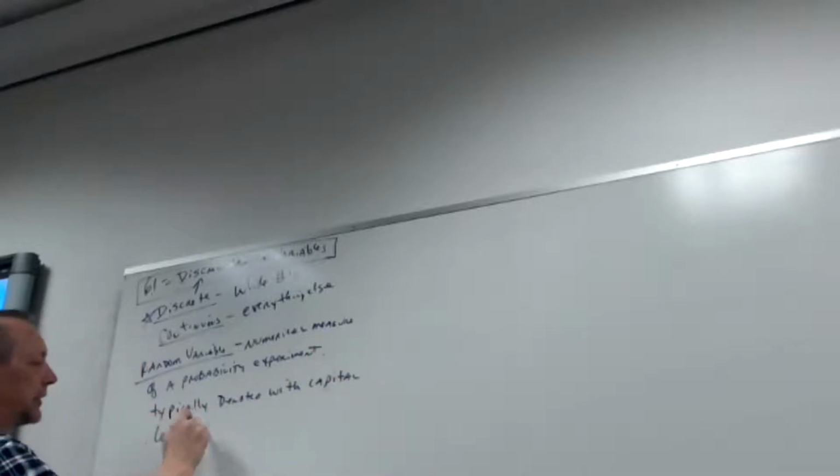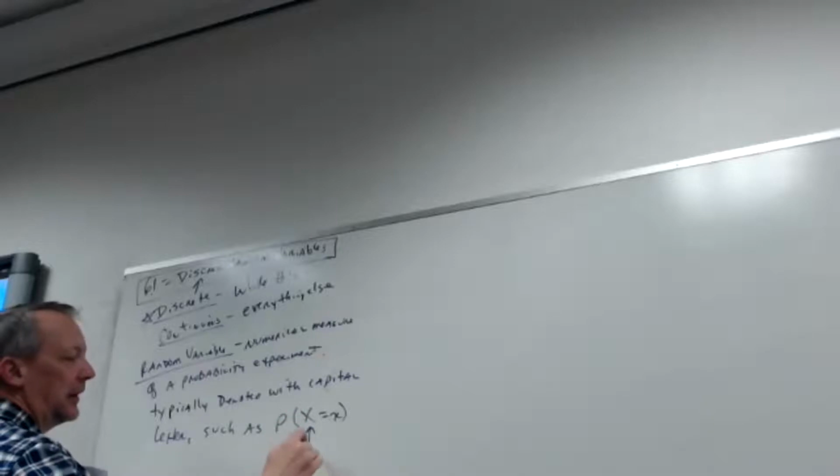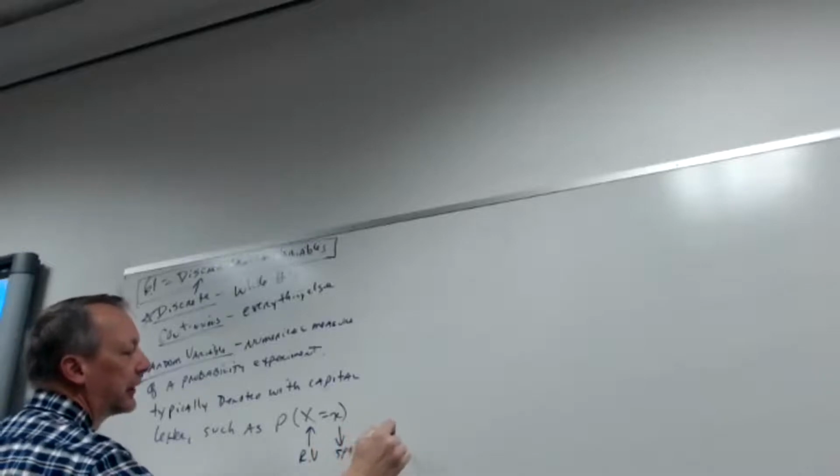And it's typically denoted with a capital letter, such as, and you're going to see this, the probability that random variable X equals lowercase x. So this is your random variable, RV. This is a specific value, such as 3.